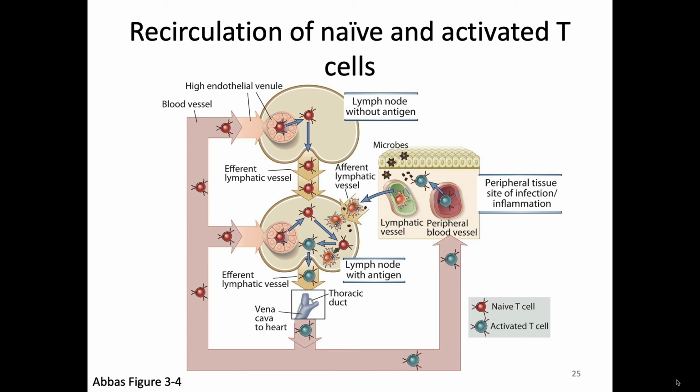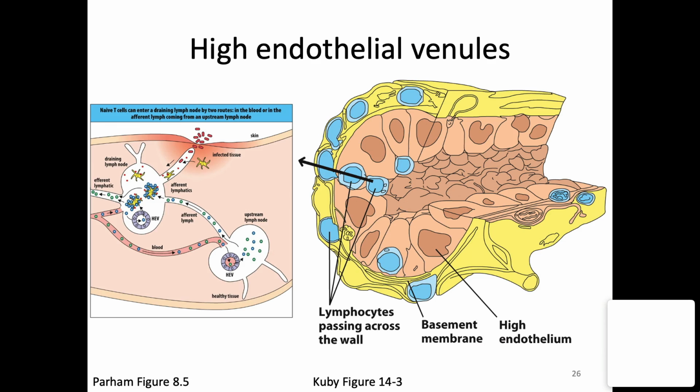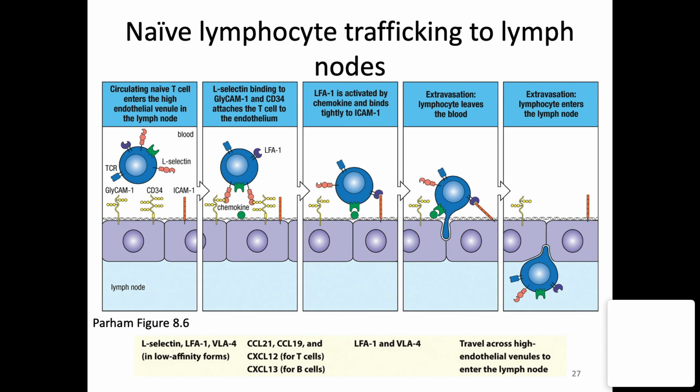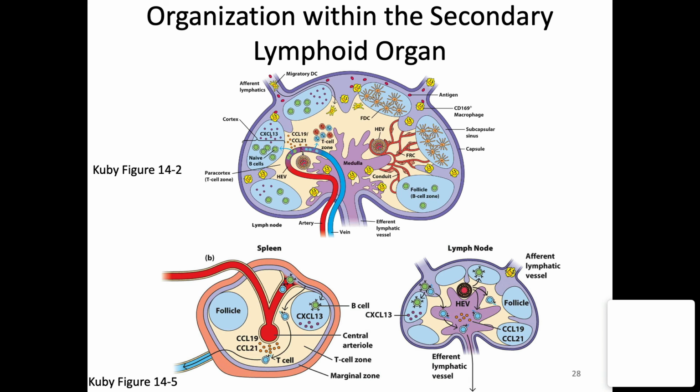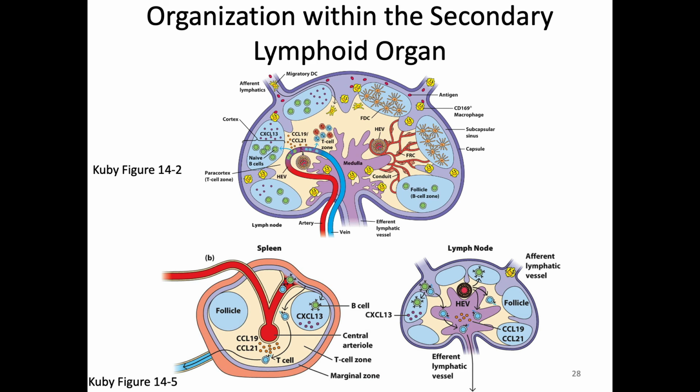And I'm not just going to sit here and read you the chemokines for every body location, because that would be really boring, and because we don't know them all. And so all of that is going to allow our T cells to get into the secondary lymphoid organ.